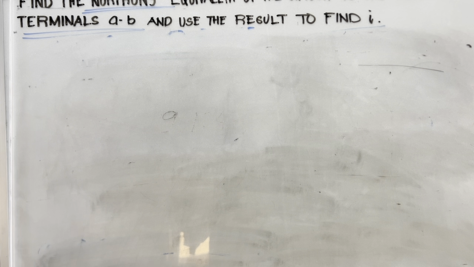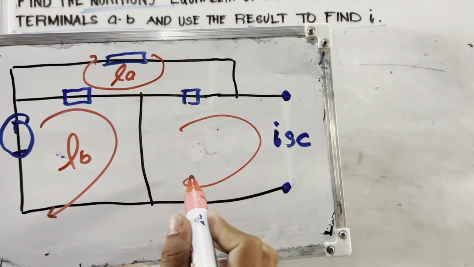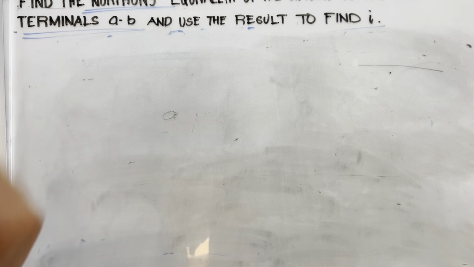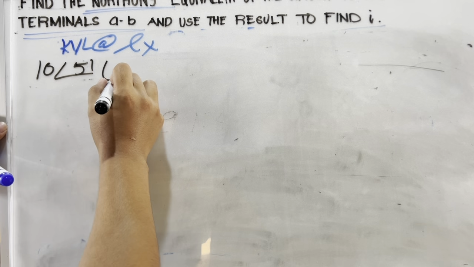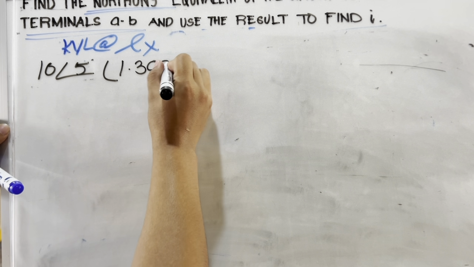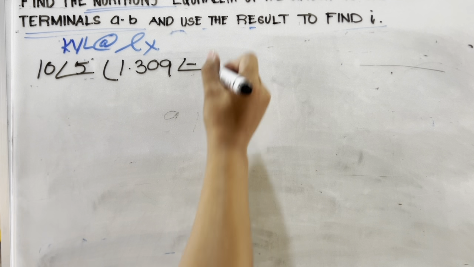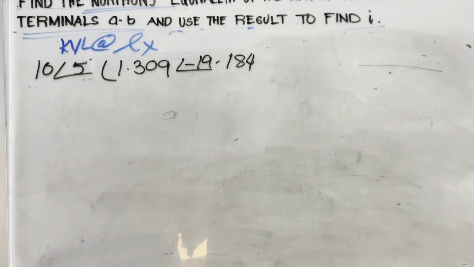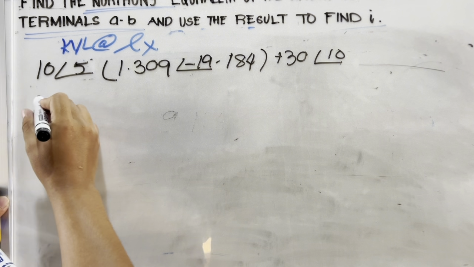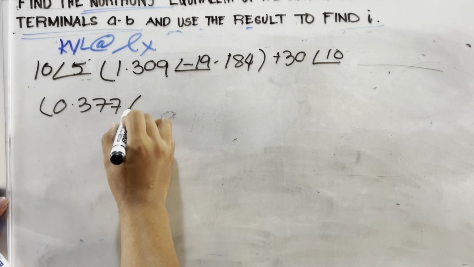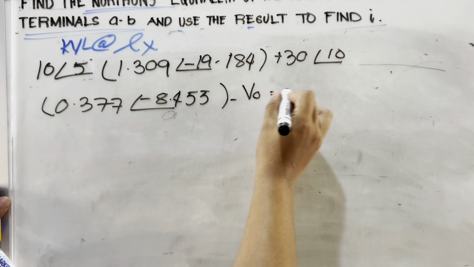We will now perform the KVL at loop X. In this drawing, we will use this as our loop X. KVL at loop X: 5 angle of 5 times 1.309 angle of negative 19.184 plus 30 angle of 10 multiplied by 0.377 angle of negative 8.455 minus V's of O is equal to 0.